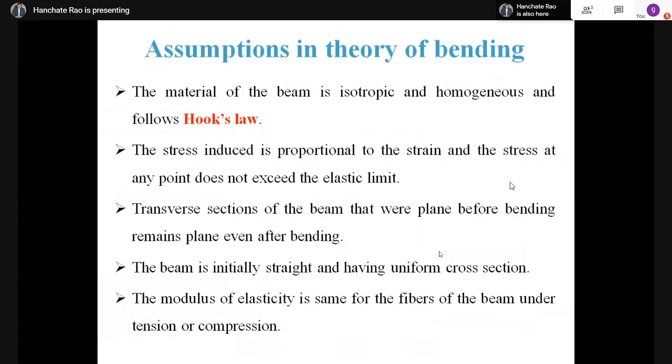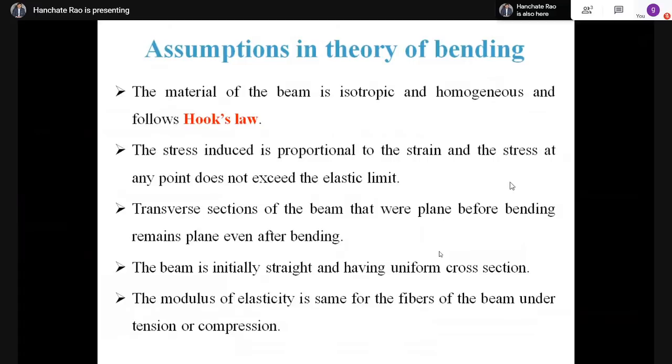So to simplify the pure bending theory, certain assumptions are made. Let us try to understand these assumptions, which are very important. The first assumption in the theory of bending is that the material of the beam is isotropic and homogeneous and follows Hooke's law.